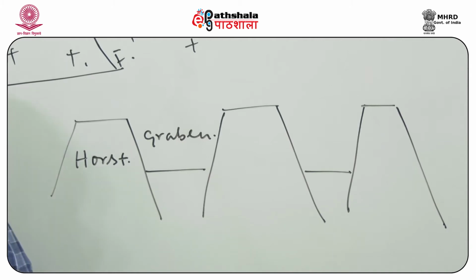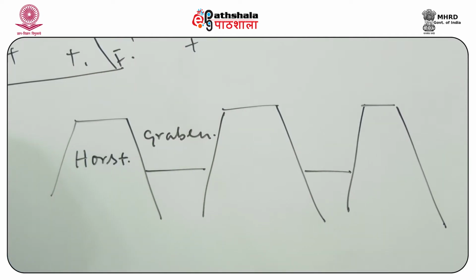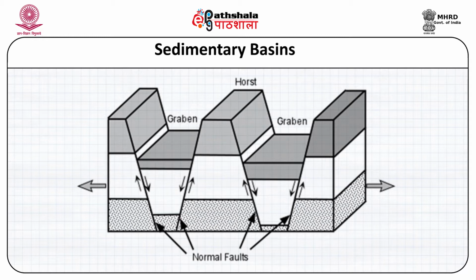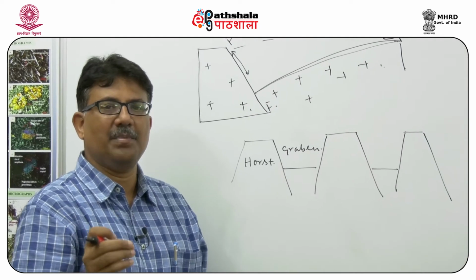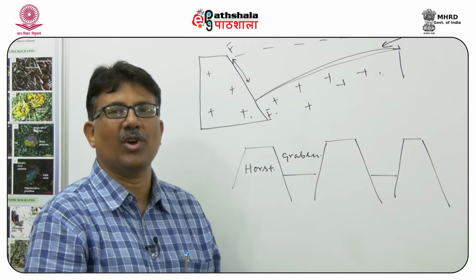One very important example of this horst graben situation is our Bombay High. You all know the huge oil reserve of our Bombay High, and that Bombay High is basically a horst kind of situation. So these are some examples of the character of an extensional basin, which is operative when there is active or passive extension going on.